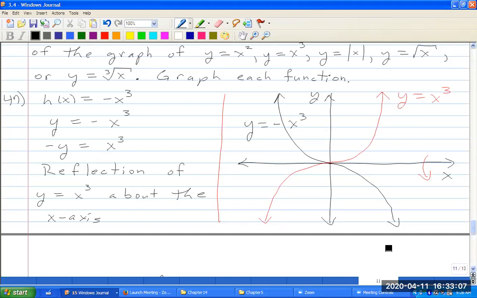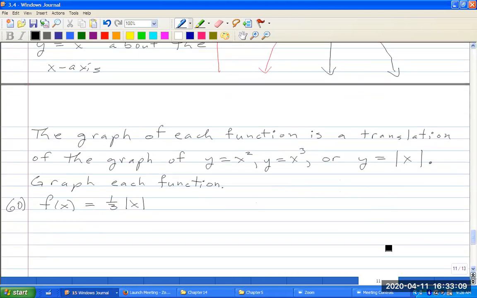Okay, this is again a scaling. The graph of each function is a scaling of the graph of y equal x squared, y equal x cubed, or y equal absolute value of x. Graph each function. Okay.